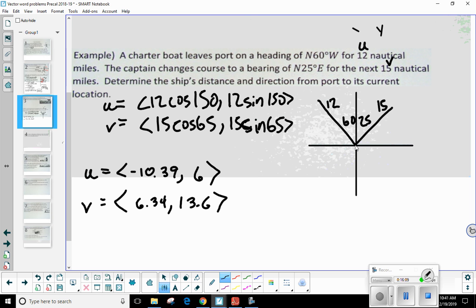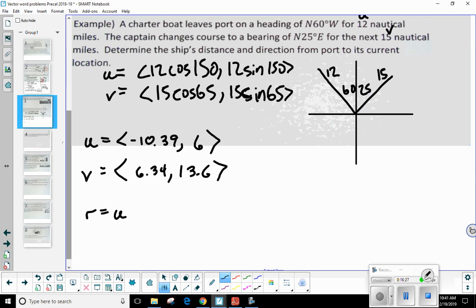All right. So is anybody having any trouble finding the component forms of the vectors in our problems? Is everybody okay with this? Okay. Well, now what do I do? How do I find the resultant vector? We add them up. So the resultant vector would be u plus v. I'm going to go ahead and add these up.